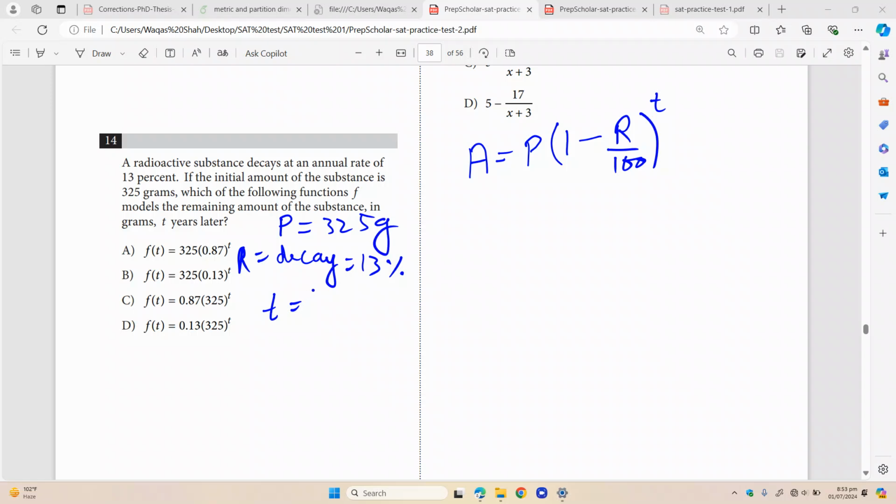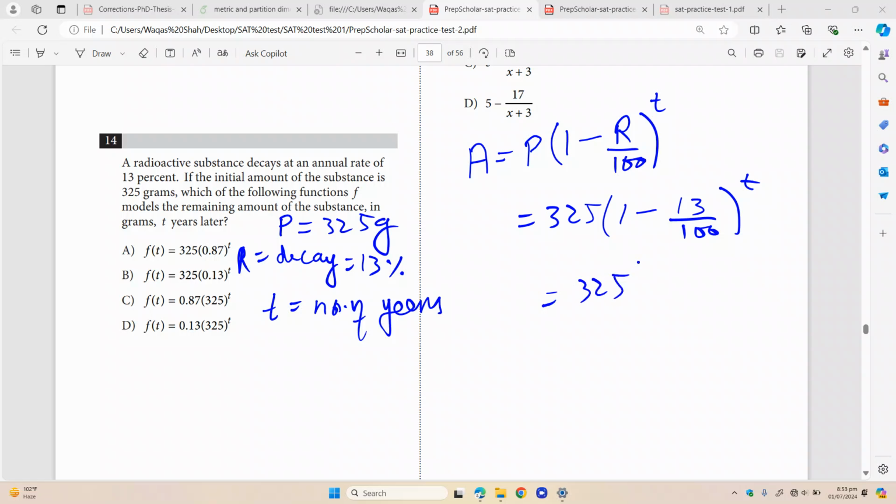So p is 325, and we have 325 times 1 minus 13 divided by 100, to the power t. Taking 100 as the LCM, 100 minus 13 is 87, so it will be 325 times 0.87 to the power t. That is our required answer, and it resembles A, so A is the correct option.